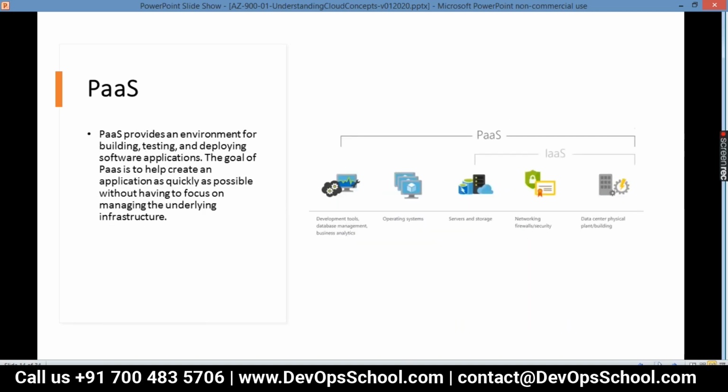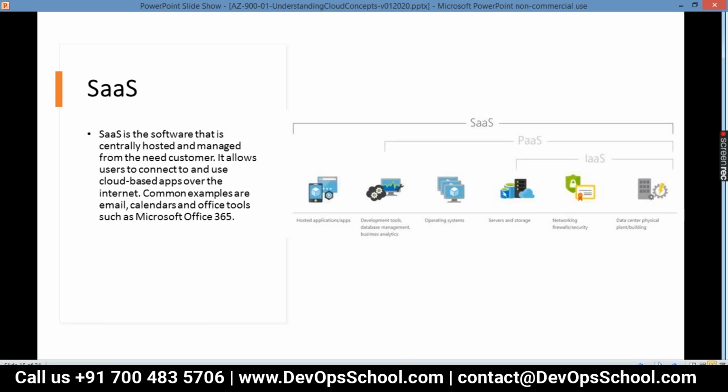So platform as a service, any doubt? They will ask you one question from this particular slide. Now we are going to discuss software as a service. What is software as a service? Basically, any kind of software we use as a service. MS Office is software as a service. Skype is software as a service. Gmail is also software as a service. GoToMeeting is software as a service.